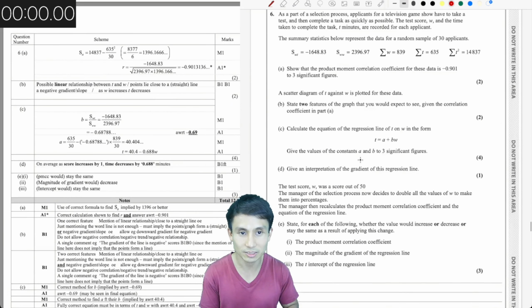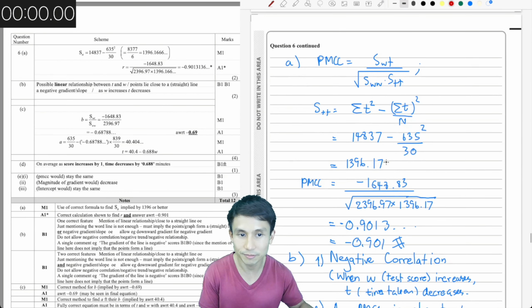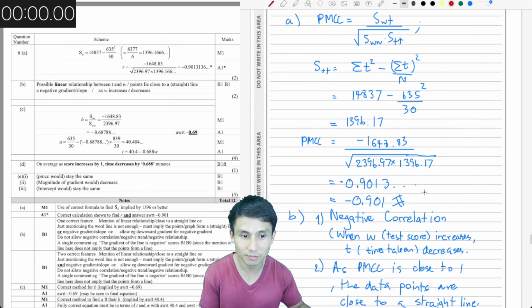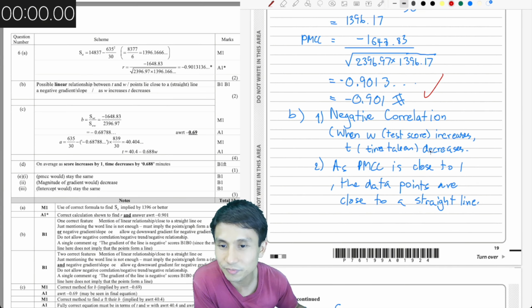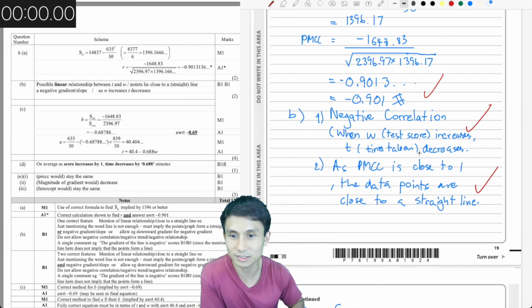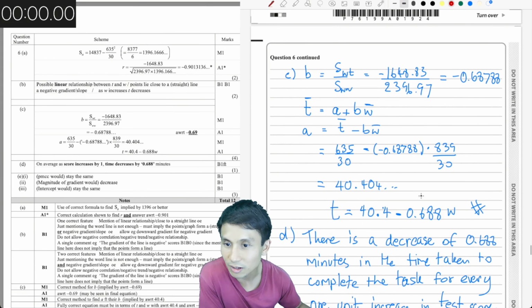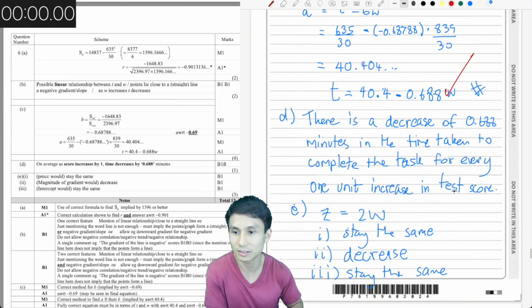Number 6. PMCC is minus, yeah, I managed to prove this. So the two features: linear relationship, points lie close to a straight line, yes. As W increases, T decreases, yes. Okay. T equals 40.4 minus that, yes.